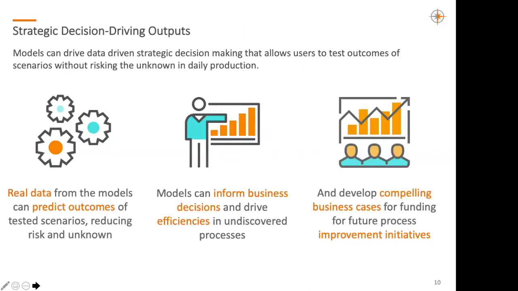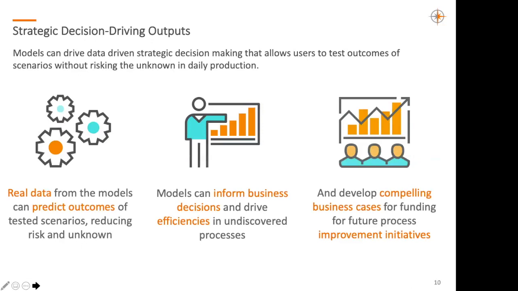So essentially, in summary, the outputs that you get from process simulation that we believe are strategic is that you've got real data of the models that can predict the outcomes and test various what-if scenarios that take a lot of risk out of a proposed effort, whether it's part of a lean continuous improvement program or just individual process improvements.